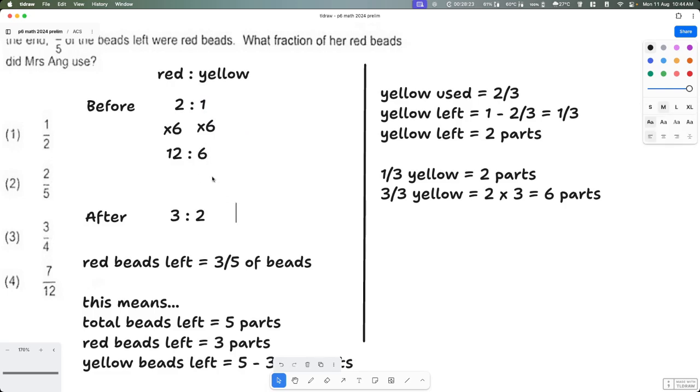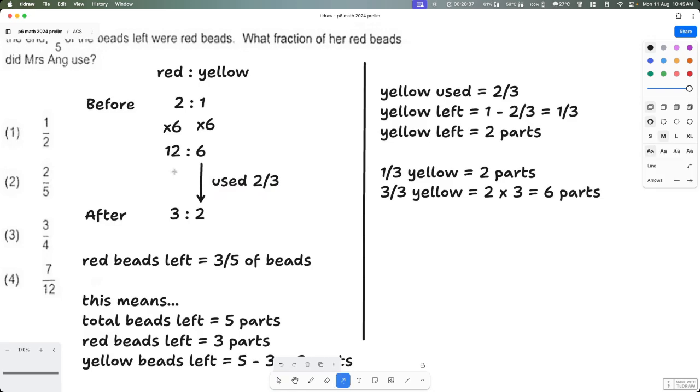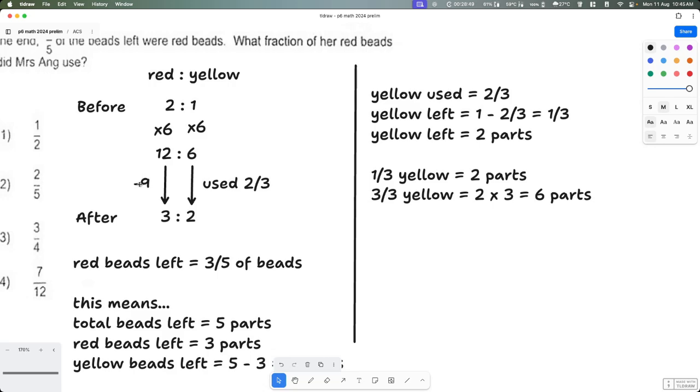So when 6 becomes 2, that's why I say used 2/3, it becomes 2. So from here to here, what do we use? We use 9, in this case. So 12 to 3, it becomes 9.